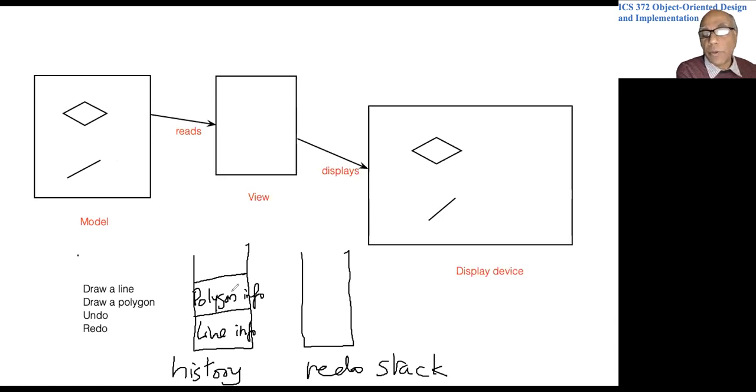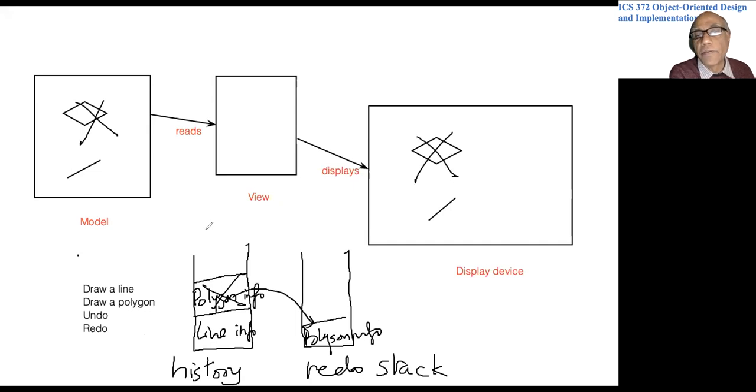And what we do is we copy that in here. And this will remove it from the history stack and remove it from the model. Then this will not get displayed here.